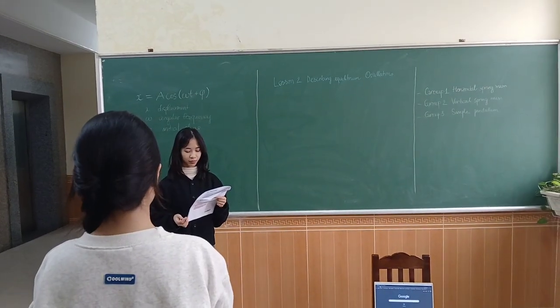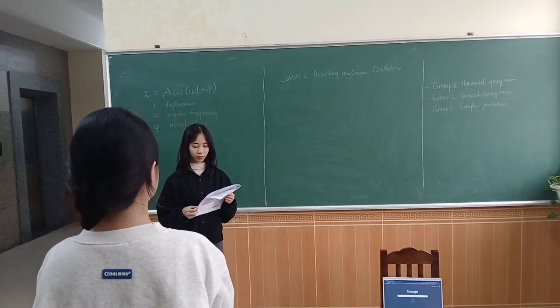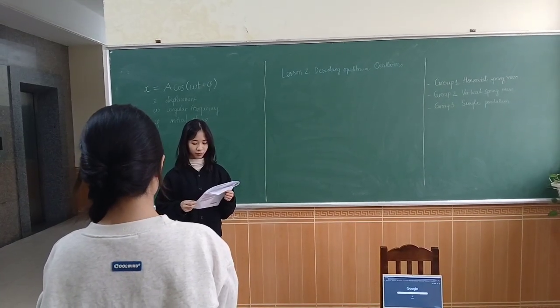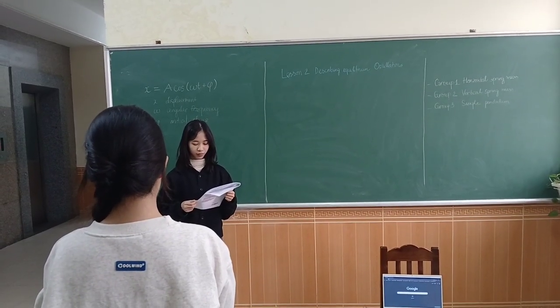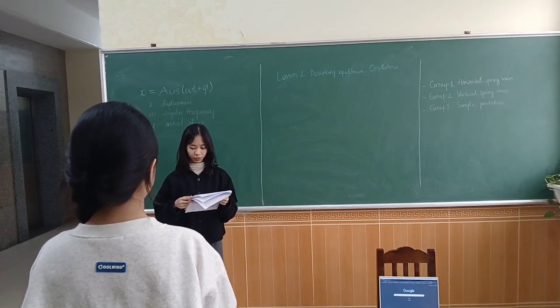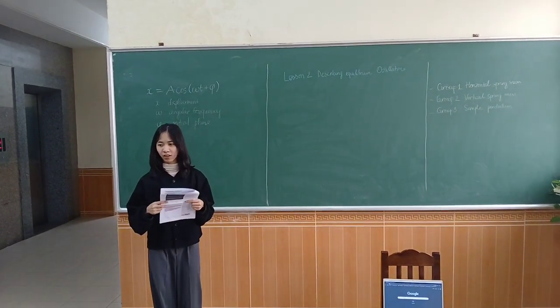The unit is hertz, and in this case, the frequency of the horizontal spring pendulum is 1 hertz. Okay, thank you for the answer of group one. How about group two?